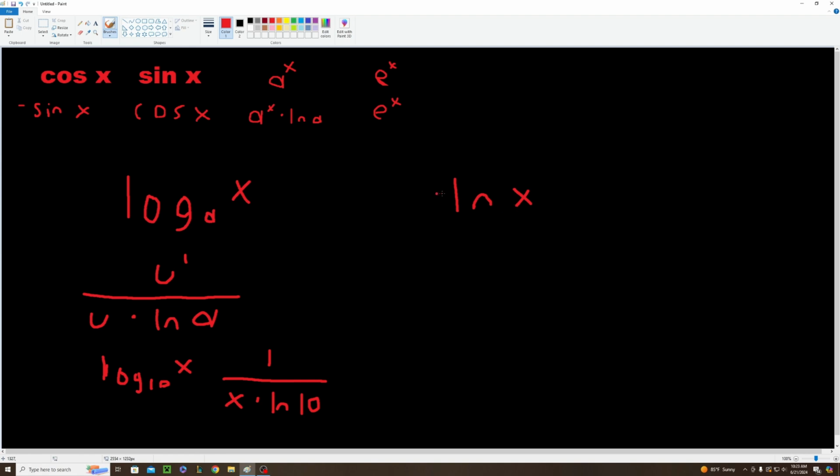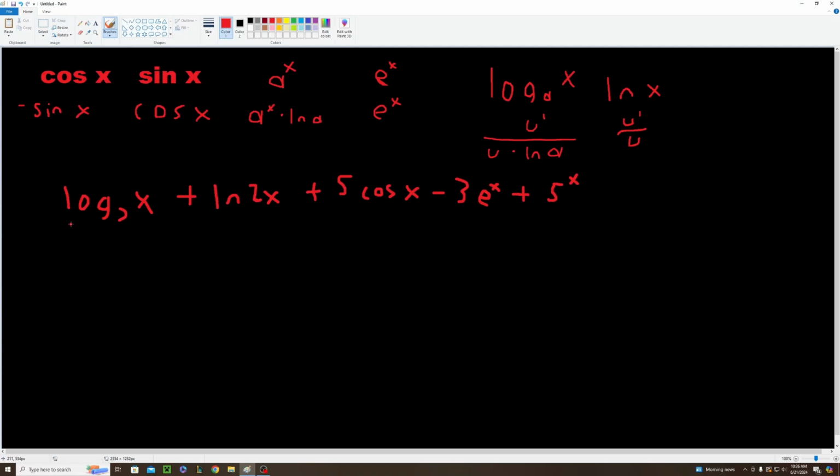For the natural log of x, you can use the same logic. It is u prime over u. The natural log gets cancelled because the base is e for the natural log, so that ends up becoming 1. So in this case, the natural log of x, the derivative of x is 1, so it becomes 1 over x. And that's how you do that.